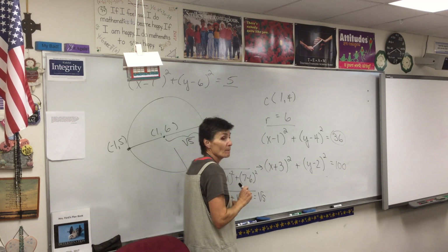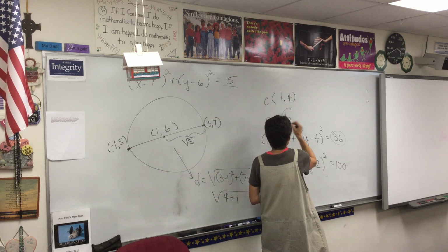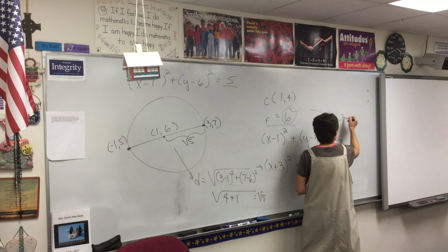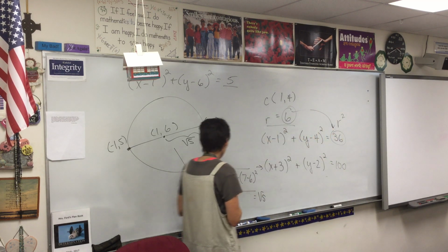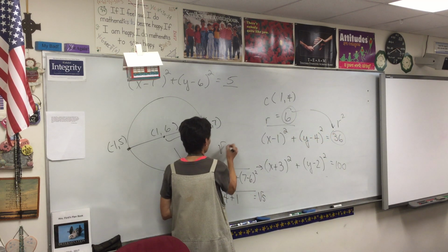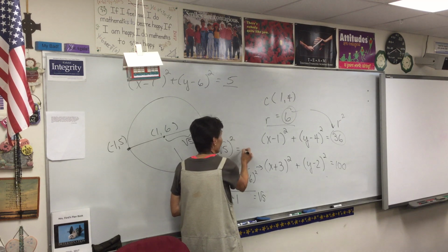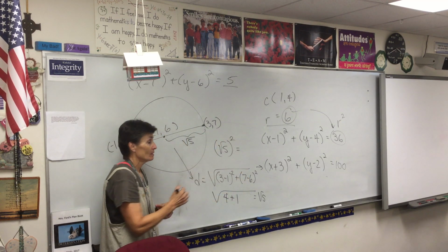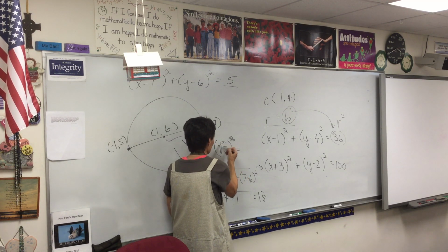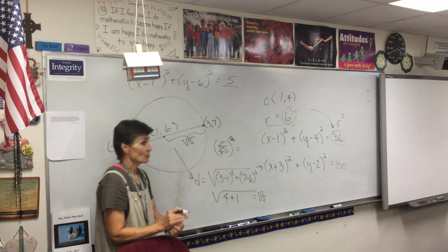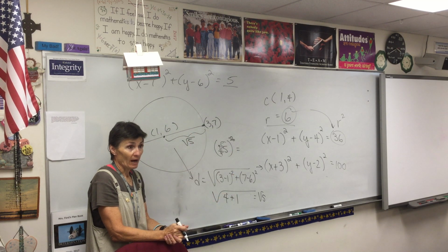Remember, you take your radius and square it. So what happens when we take root 5 and square it? Remember, when you square a radical, these cancel, so you just end up with 5.